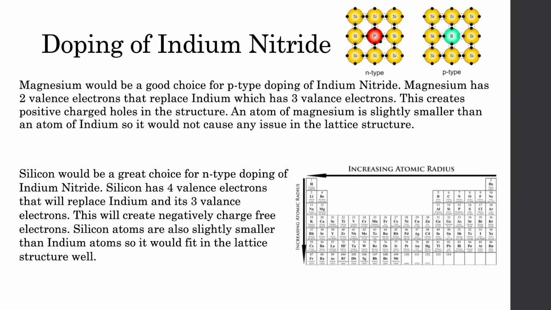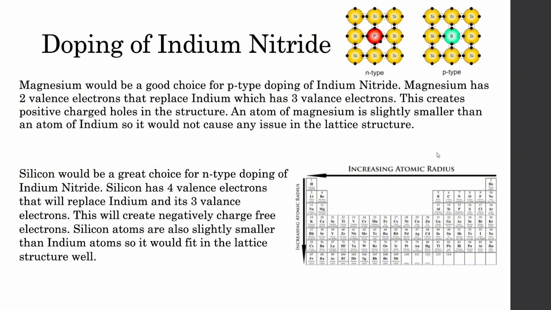For doping of indium nitride, for p-type doping, I would suggest we use magnesium. The magnesium is going to replace the indium, and indium has 3 valence electrons, while magnesium has 2. And I know this based on the periodic table down here, as magnesium is a group 2 and indium is a group 3.